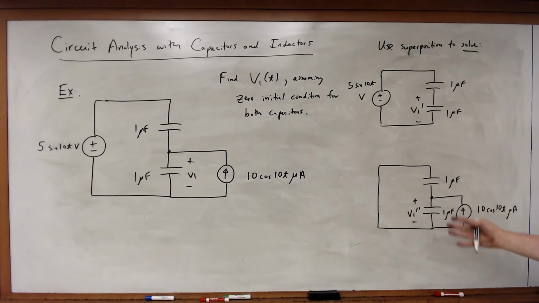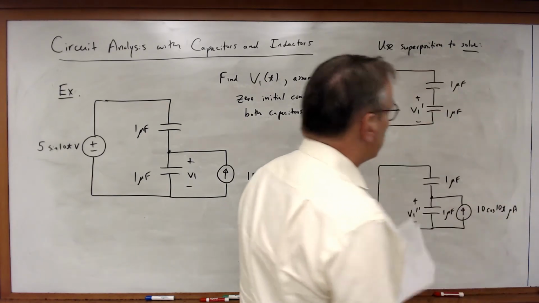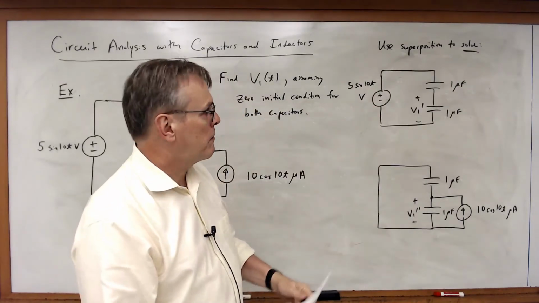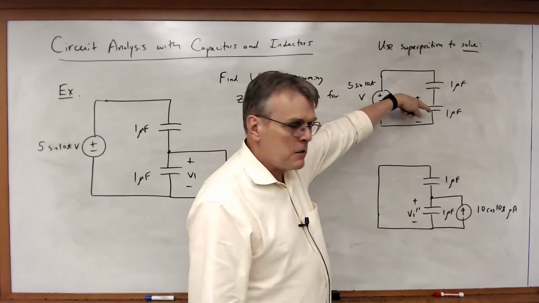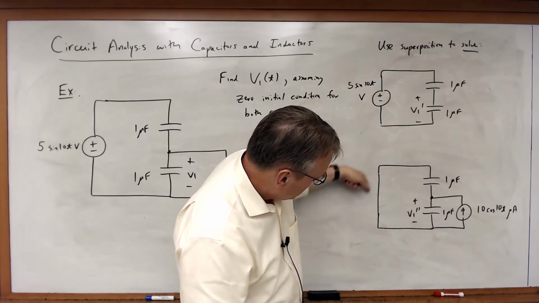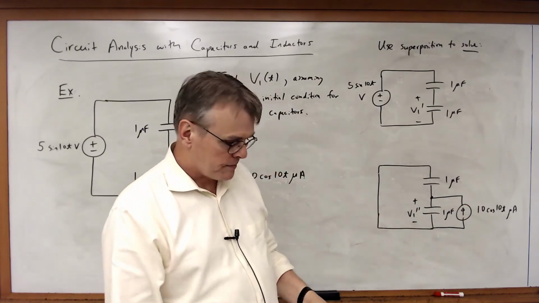Now, breaking it apart this way, this is something we can tackle because we can combine these capacitors together. This is 2 capacitors in series. This is 2 capacitors in parallel. Notice they're both connected to the same 2 nodes.